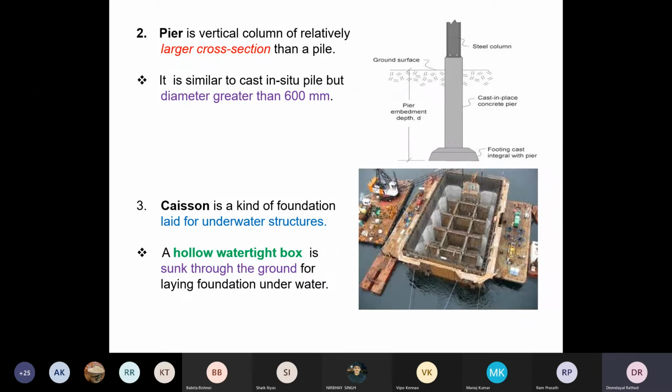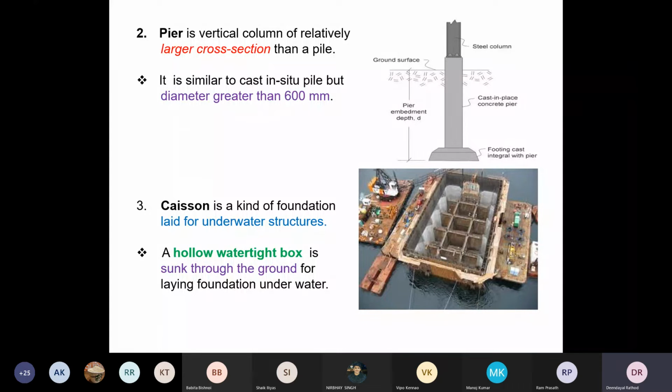It is similar to a cast-in-situ pile, but of greater depth. You might have seen nowadays that all big shopping complexes and high buildings have these bigger size piles, called piers.